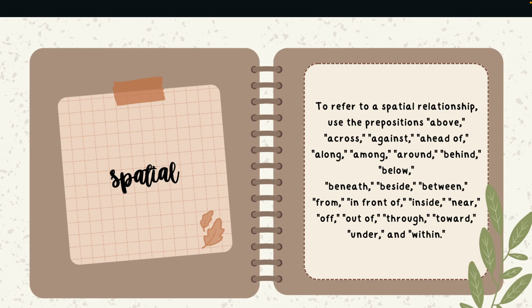And then lastly, when we use prepositions or prepositional phrases for spatial relationship, we use prepositions like above, across, against, ahead of, along, among, around, behind, below, beneath, beside, between, from, in front of, inside, near, off, out of, through, toward, under, and within.